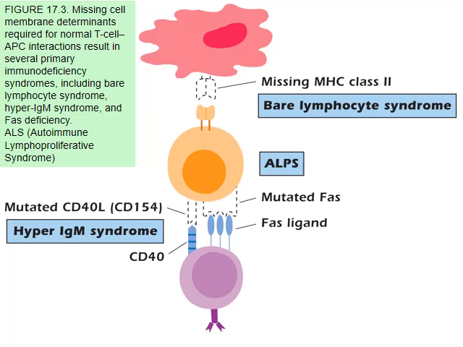The other example is that, as I said earlier, you may miss a membrane determinant. So there is a T cell or there is an APC, and you pretty much know by now that they have to express what they need to express, and they would at least need to express at least one receptor to get something going.